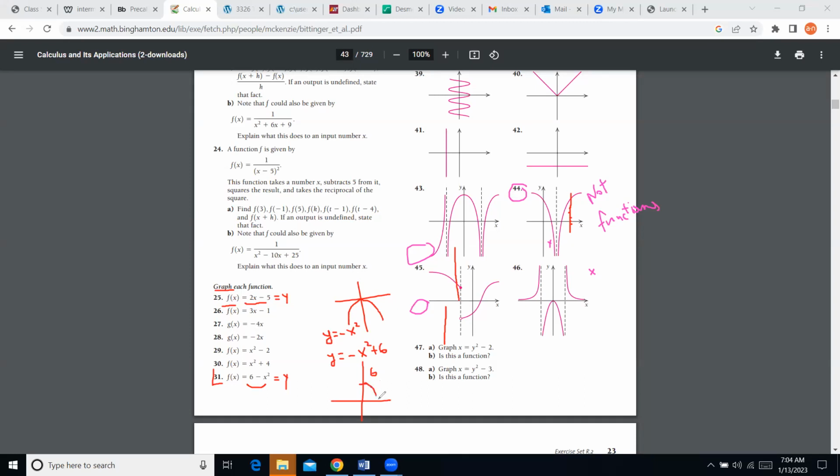So the parabola that opens down will now have its vertex, the point on the top called the vertex, at 6, because it's moved up by 6, because we added 6. And there is absolutely no difference if you put y or f of x, that's the same thing.